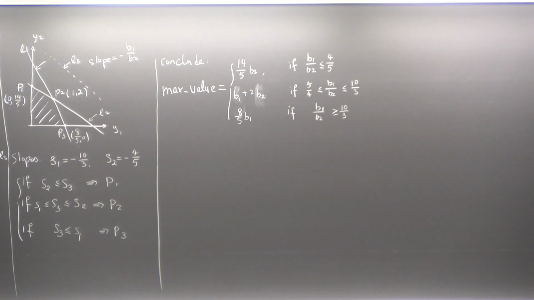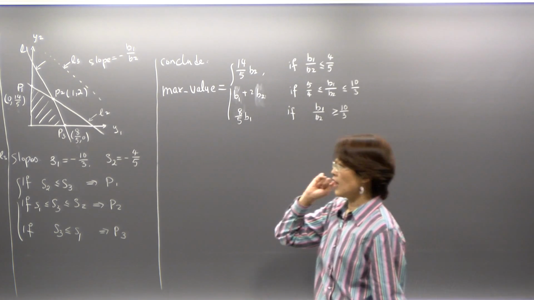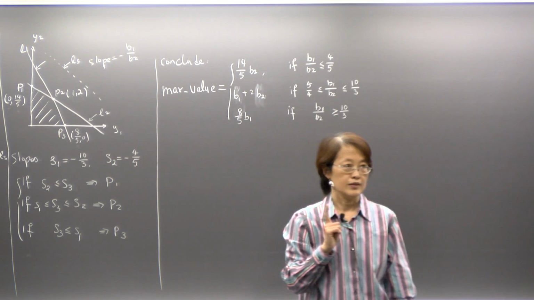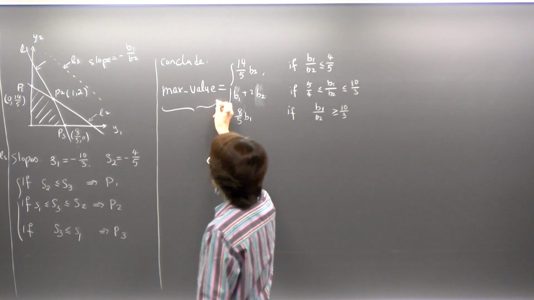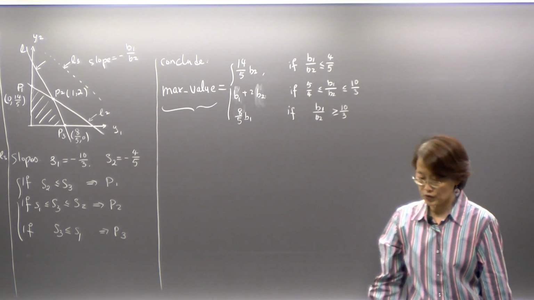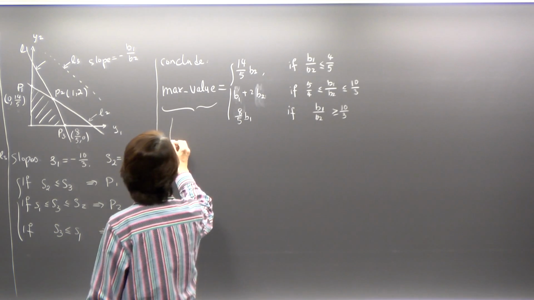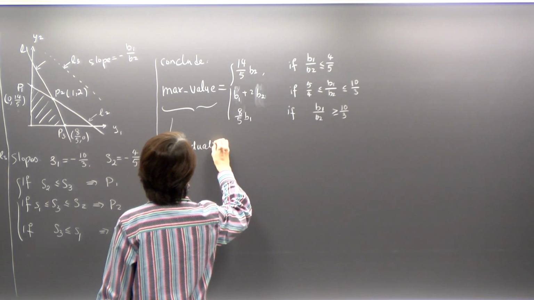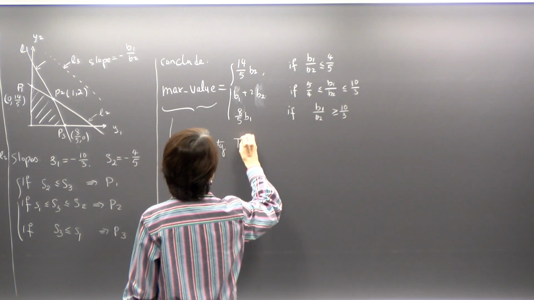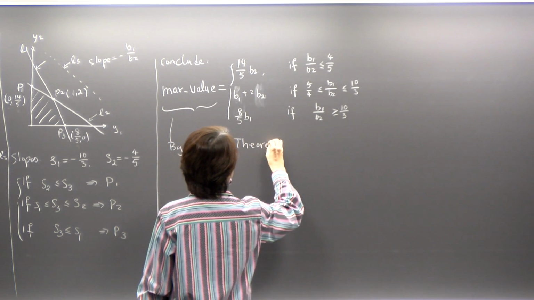Okay, so this analysis is done on the dual. Then you have to go back to the original problem, isn't it? This maximum value is the maximum value for the dual, and then you can say simply, quote, duality theorem. And that's all.